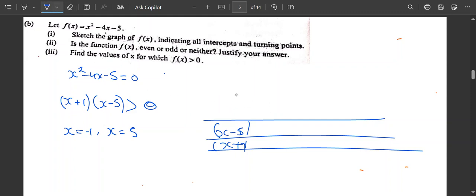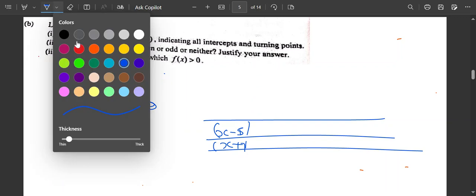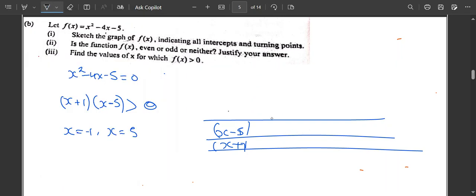So here it's 5, there it's 1. How do we do this one then? We have numbers that are negative there.